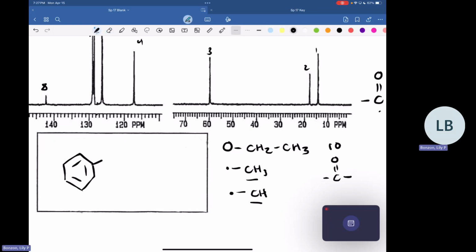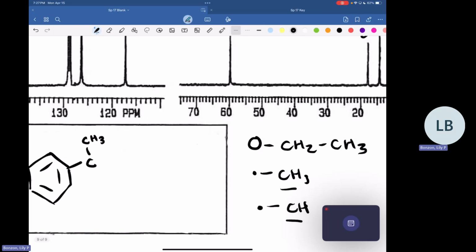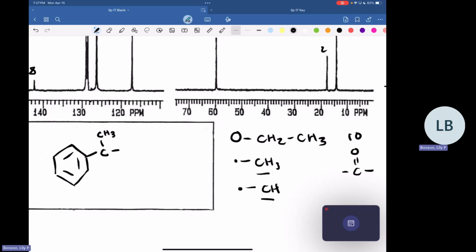So it has to be attached to a carbon that doesn't have any neighbors. And so the only way for this to happen is if we have another double bond. Then this carbon doesn't have any neighbors, so it wouldn't split that CH3.